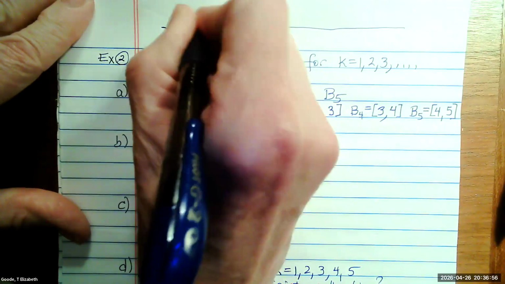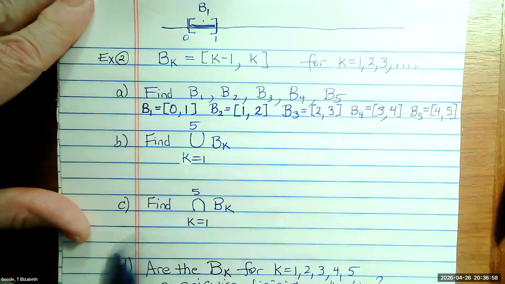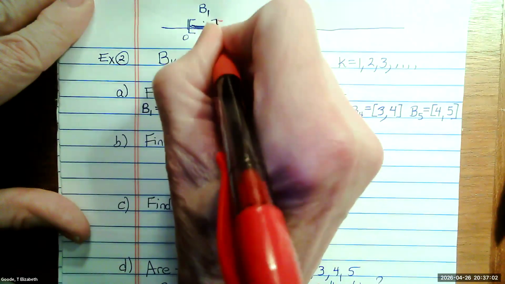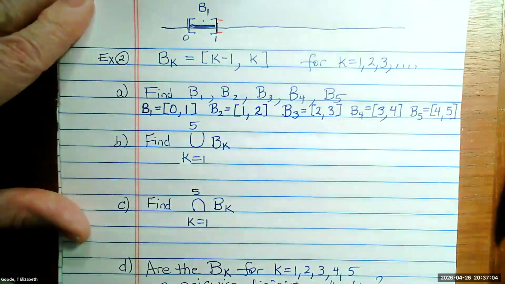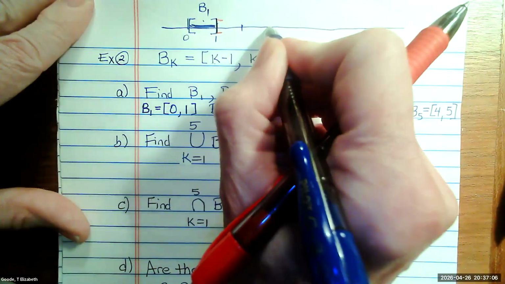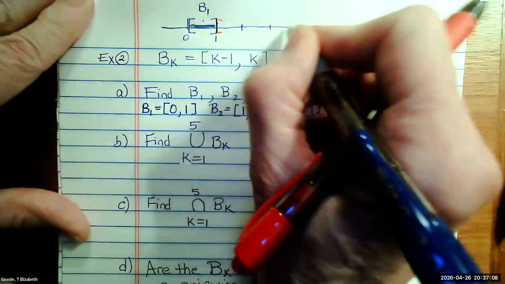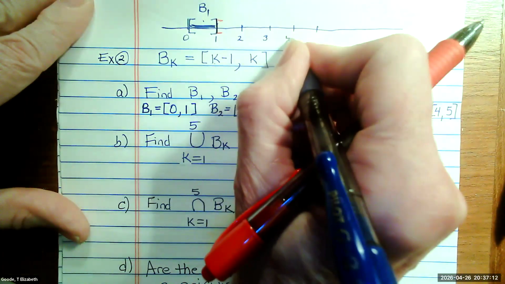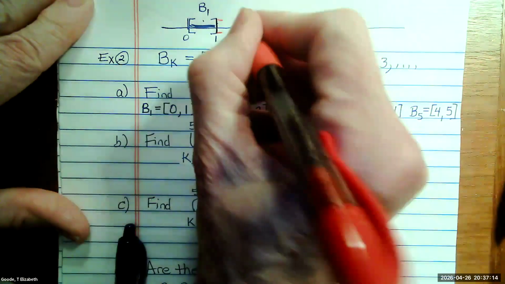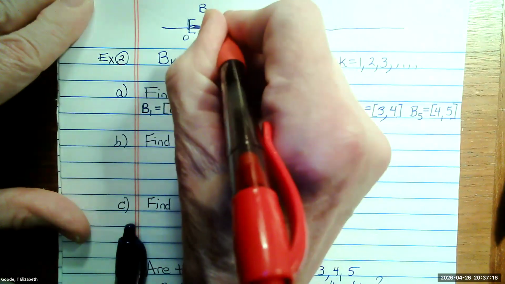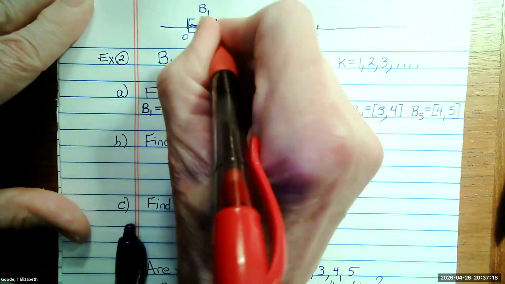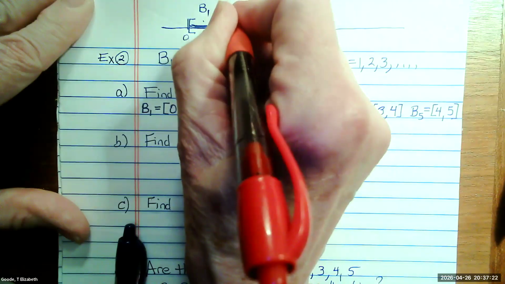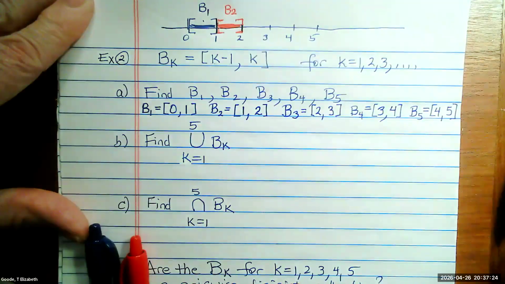B2 starts at 1, so it shares 1, and goes to 2, includes the 2, because it's square brackets on both ends.